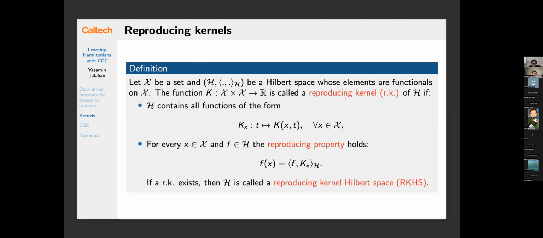And now if a reproducing kernel exists, then H is called a reproducing kernel Hilbert space.